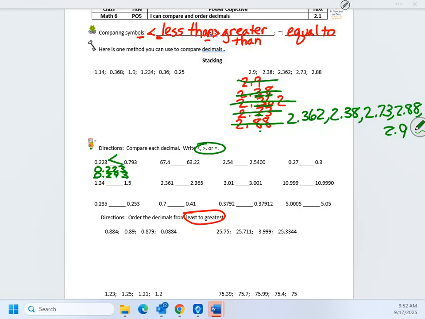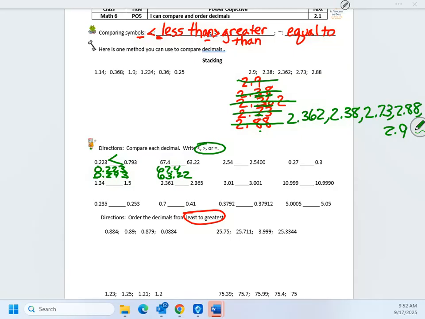So looking over here, I have 67.4 to 63.22. 6's are the same. Of course you would notice that. 6's are the same, and then we have the 7 to the 3. So 67 is bigger than 63.